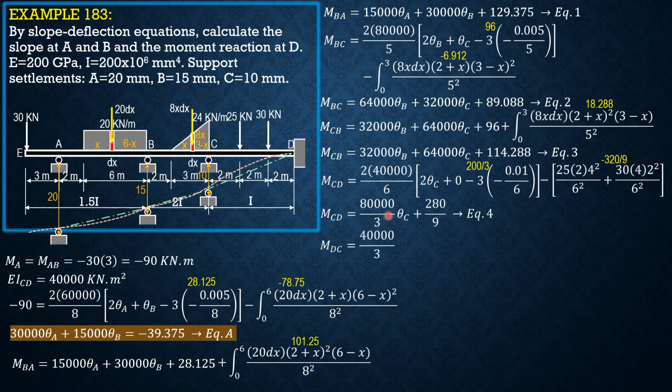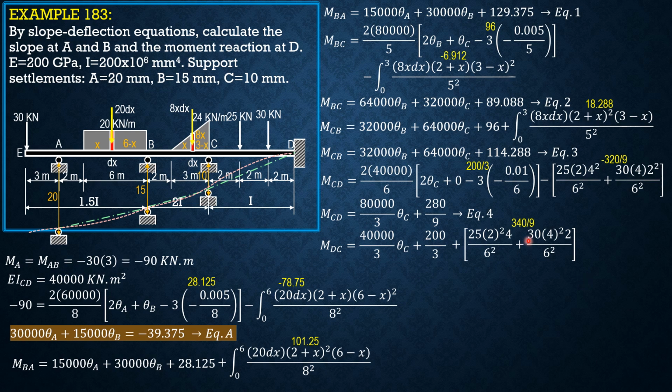is 40,000 over 3, half of this coefficient, then plus 200 over 3, just like that. Then fixed moment would be positive at D. 20 times, we just copy this, then interchange the squared factor. 25 times 2 squared times 4 over 6 squared plus 30 times 4 squared times 2 over 6 squared.